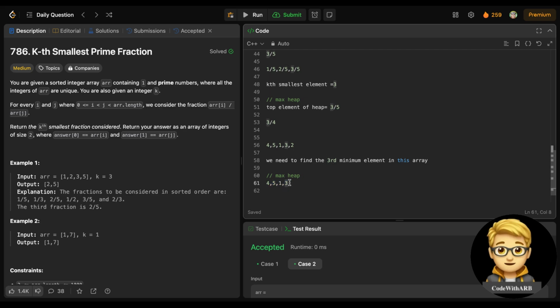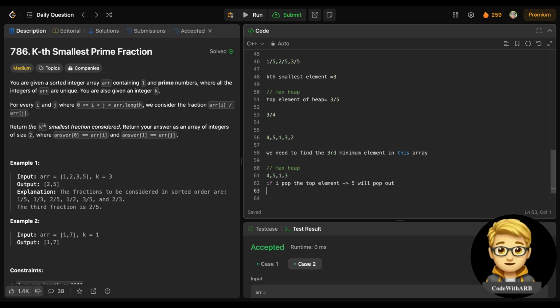So if I pop the top element, what will it be? It will give me 5. This 5 will pop out. Now what is left? 4 1 3, right? Now we insert this 2.